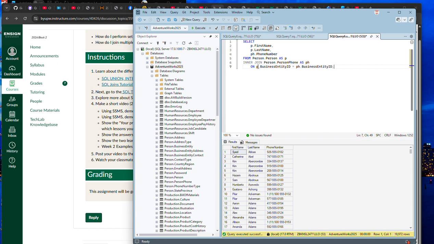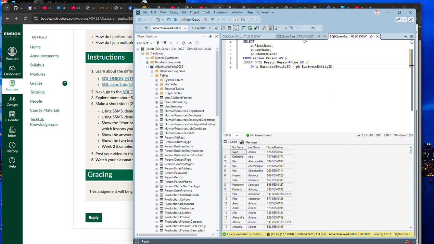Because this is a join showing the intersection, and we're using a common key, a number which is common in both the Person.Person table and the PersonPhone table, we're getting a number like this.